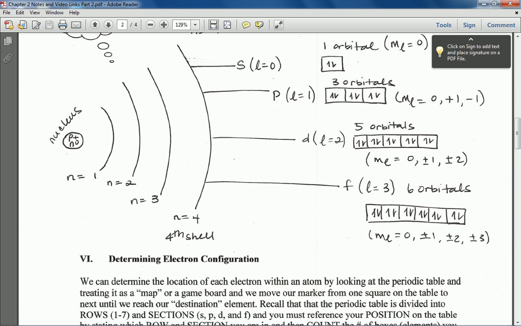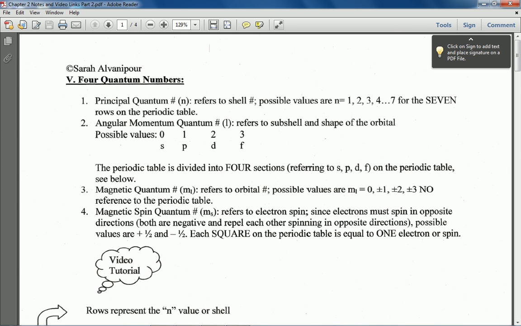Now, let's go back and discuss what these arrows are. These single-headed arrows represent electrons, and of course that's why there are 2 in each box, because electrons come in pairs, and there is a reason why they're in opposite directions, one pointing up, one pointing down. Remember that, again, electrons must have opposite spins, so one will be up, one will be down, and that is to conform to the magnetic spin quantum number, where one of those will have an M sub S equals +1/2, one will have M sub S equals -1/2.